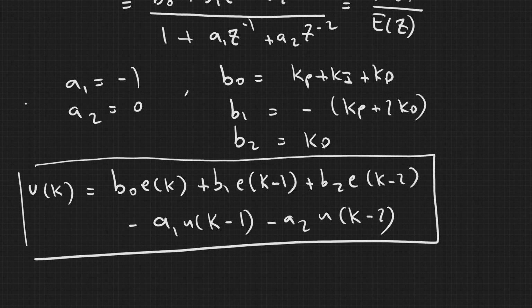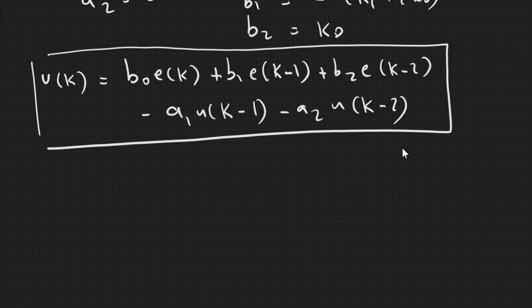This difference equation can be implemented in hardware, and it can be implemented in software. It's quite simple. It's just a very basic difference equation that represents the digital PID controller. You just need to be careful about some aspects, like the number of bits that you're going to use to represent the error samples and the input samples, and also the bits used to represent the coefficients.